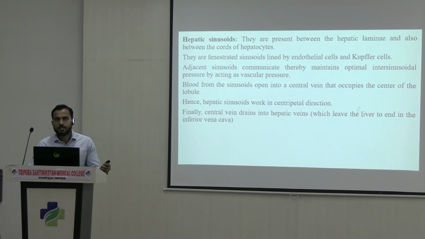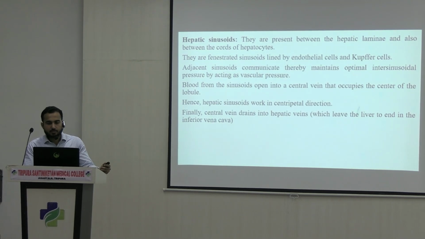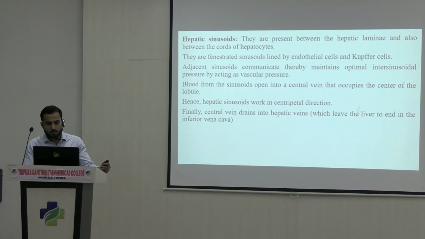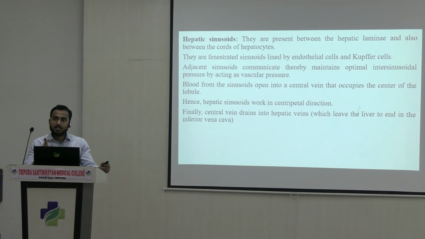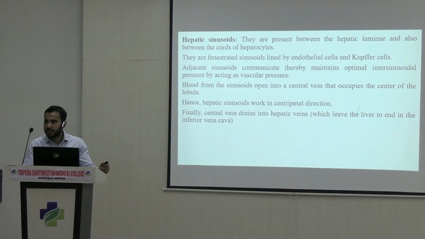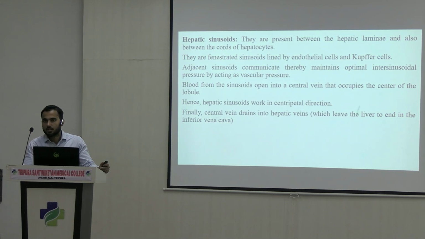Now, adjacent sinusoids, what will they do? They will communicate with each other to maintain the intrasinusoidal pressure. Okay. Now, blood from the sinusoids opens into the central vein that occupies the center of the lobule. And in case of hepatic sinusoids, if you see the blood flow, it is in centripetal direction. Now, what is the meaning of this centripetal direction?